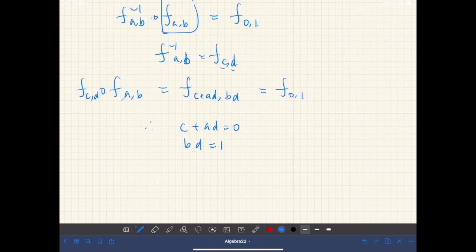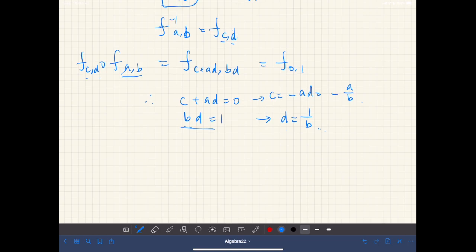Okay, so given a and b, what are the values of c and d? So from this, we have d is equal to 1 over b, because we're assuming b is non-zero, so this is okay. And if that's given, then from here, c is equal to negative ad, but d is this, so negative a over b.